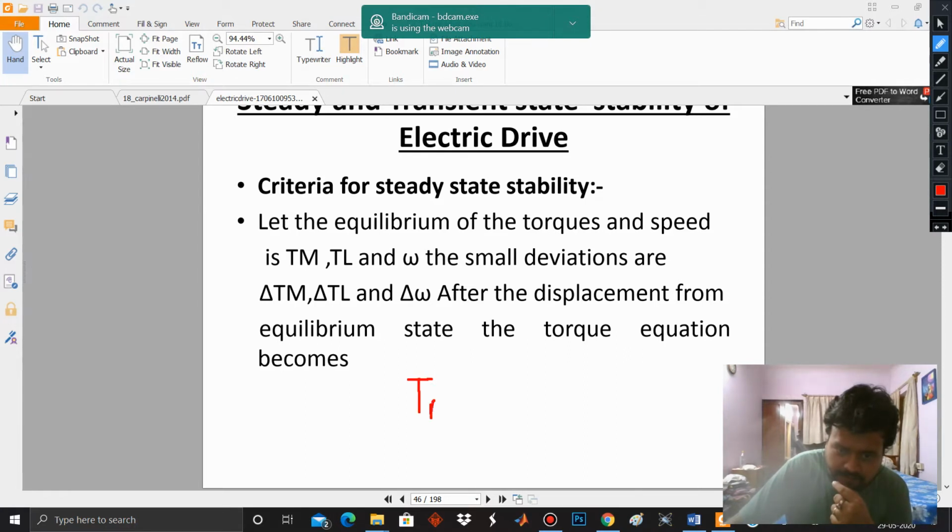tau m plus delta tau m. This is the new motor torque, right? It is equal to the new load torque. What will be the new load torque?